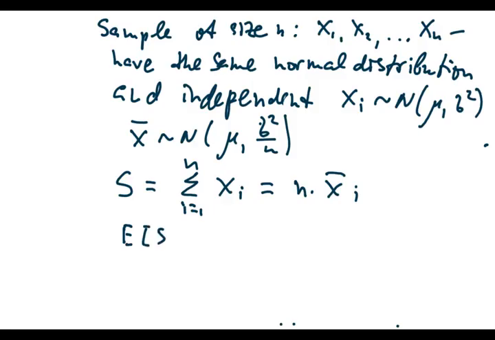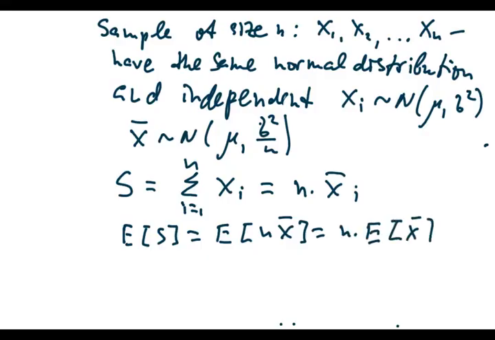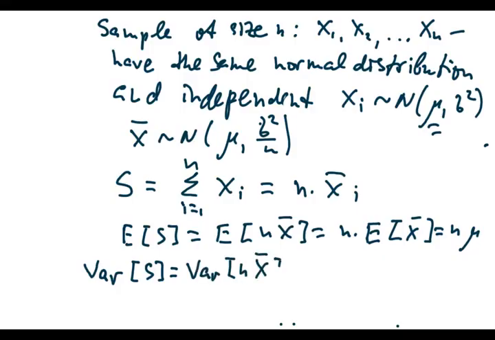Expected value of S equals expected value of n times x bar, which is n times expected value of x bar, and expected value of x bar, we know it is mu, therefore this is n mu. And variance of S is equal to variance of n x bar.